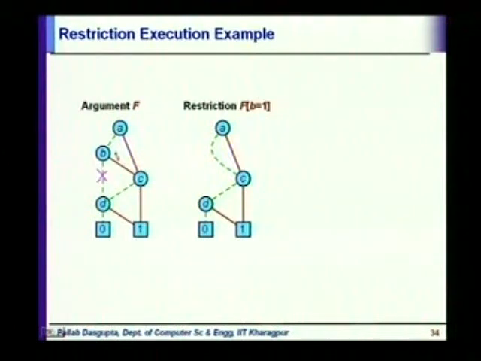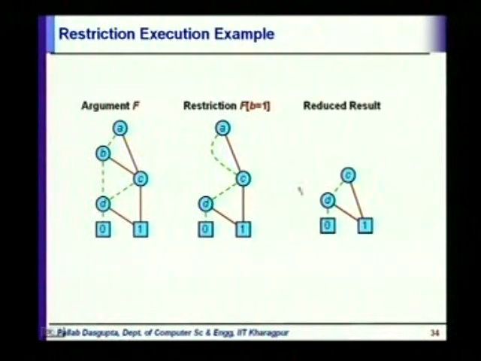So we redirect this one here, and this node remains because there is at least another edge pointing to it. Now look at this one. This one has become superfluous because both of its edges are pointing to C. So if we apply reduction, then this is the resulting BDD, right.